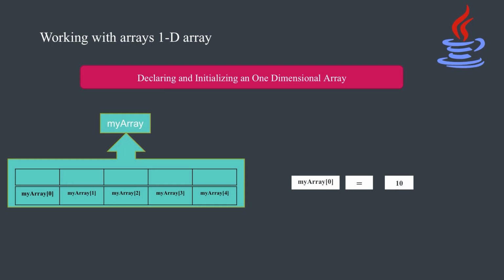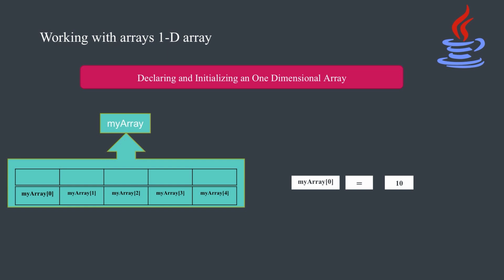Let's say the size is 5, so there will be indexes 0 to n minus 1. So it is going to be 0 to 4 for the size of 5. Now every element in an array is accessible through this index.